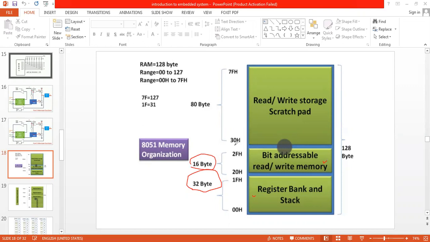Then there are 80 bytes of scratch pad, that means byte accessible memory with a total of 80 bytes, where we can read or write any data at any time.